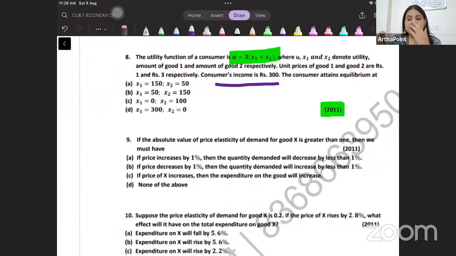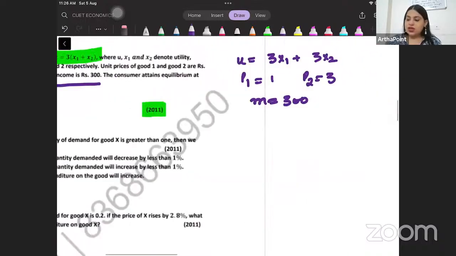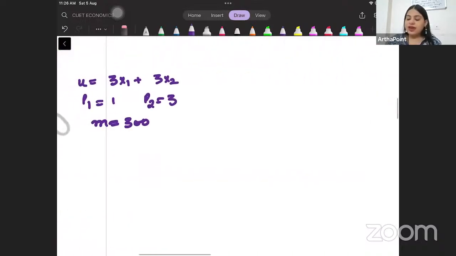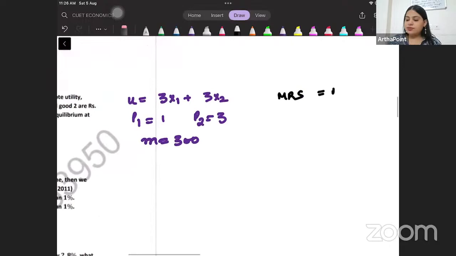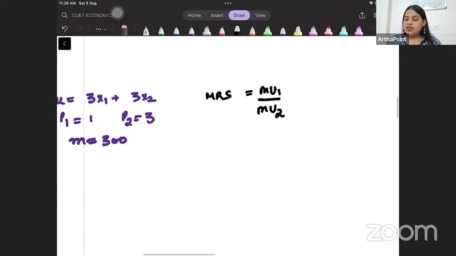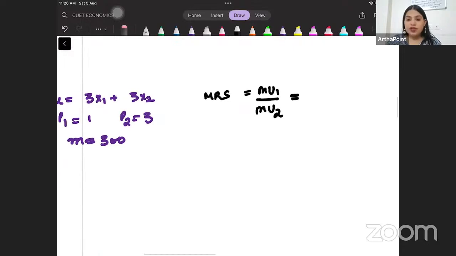बेटा आज मैं एक नई चीज इसमें बताना चाहती हूँ. Usually we know this thing कि हम क्या करते हैं, we will find MRS, right? So MRS will be MU1 by MU2. So MRS in this case would have been, when you differentiate it with respect to x1, 3, with respect to x2, 3, तो ये हो जाता 1 when you differentiate this function, right?